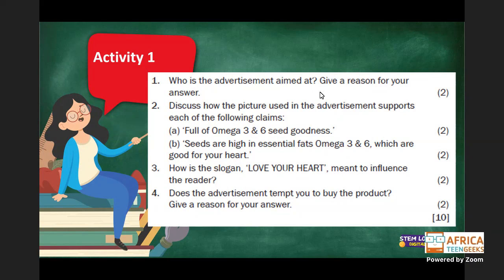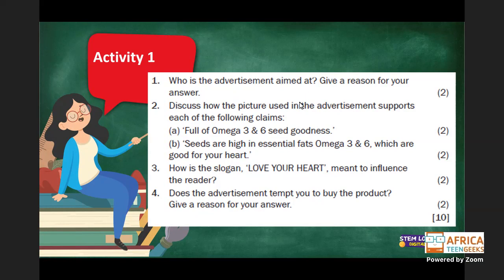Okay. Oh, so Licidi, your answer is from the third. So it's a reminder to love yourself, take care of yourself, and to keep yourself healthy. What you would need to add there, Licidi, is that they not only remind you, but they actually want to get you to buy the product as well.